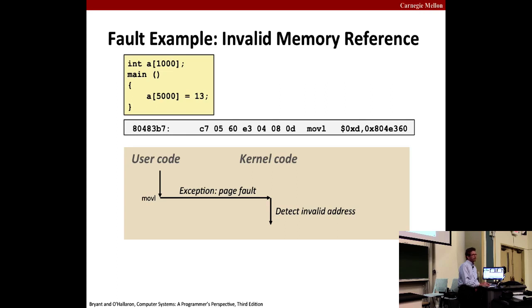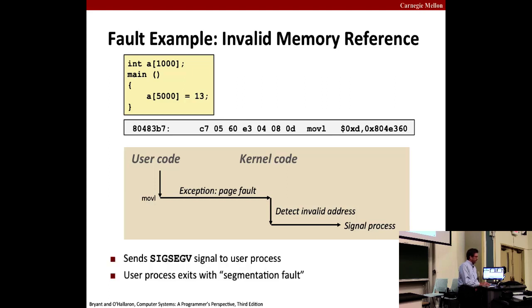This is an invalid region of the virtual address space. So it sends a signal to the process and then never returns. The signal it sends is the one that causes the infamous segmentation fault message to print out. And next lecture, we'll see how these signals actually work.